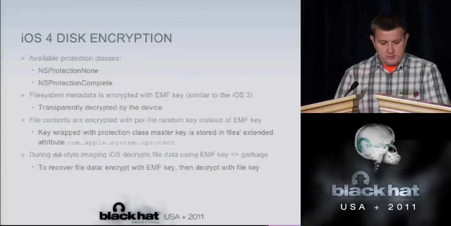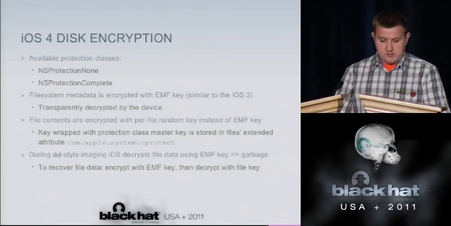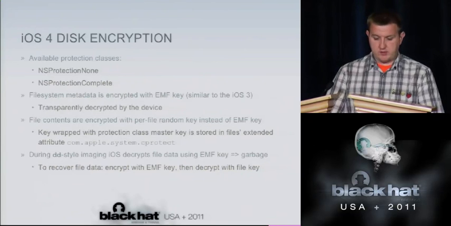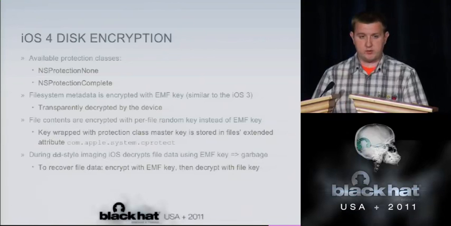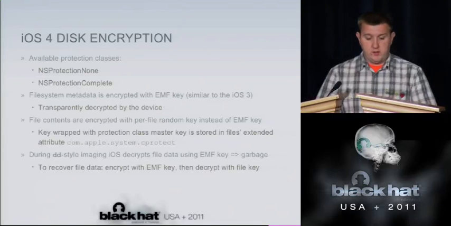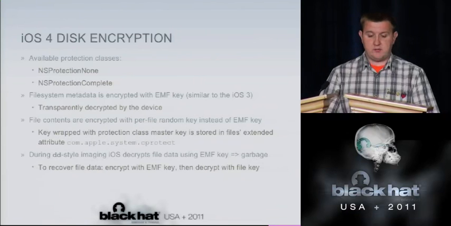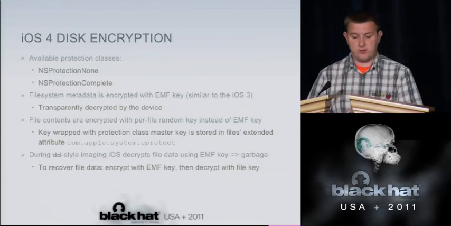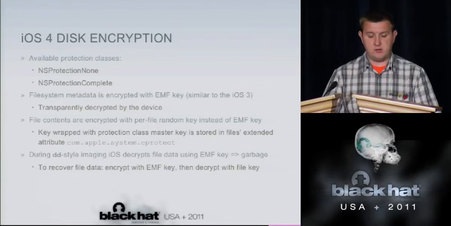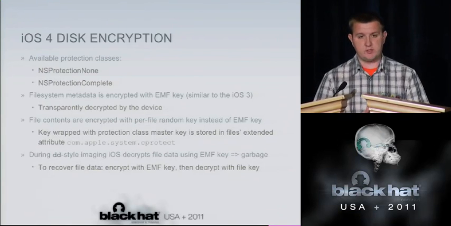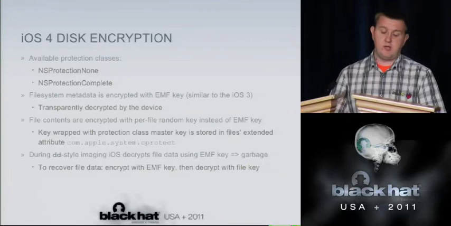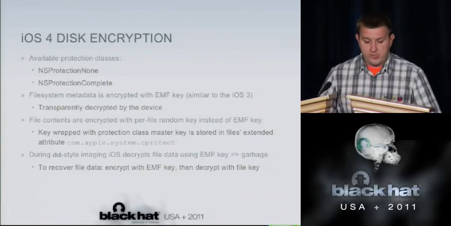For the storage encryption, there are 2 documented protection classes: protection none, which is accessible always, and protection complete, which is accessible only when unlocked. For example, the built-in mail application on the iPhone 4 uses NSProtectionComplete to protect the email databases, so they're only accessible when the device is unlocked.